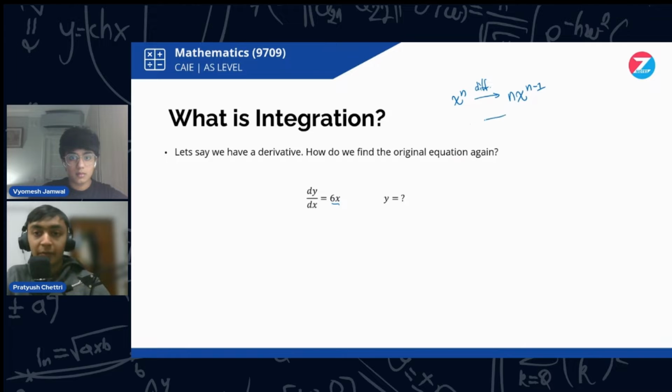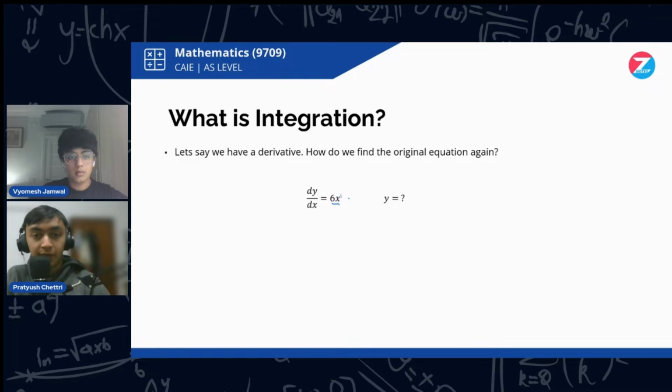So imagine going backwards. What do you do? Well, I would first increase n by 1 and then divide by that new n. So we'll look at this in more detail later. But for now, let's just look at this example here.